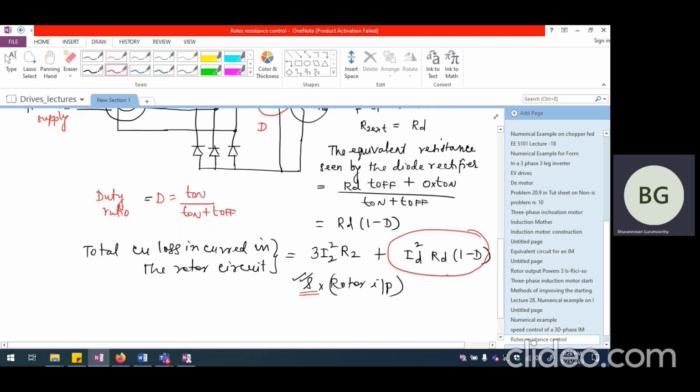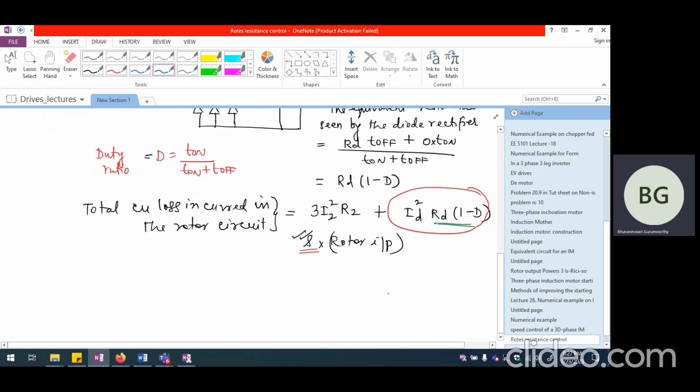Now, it's not going to be easy to calculate this in a straightforward manner. If we want to use the equivalent circuit kind of calculation, then we should be able to see how this RD multiplied by 1 minus D multiplied by ID square can be represented in the equivalent circuit itself.